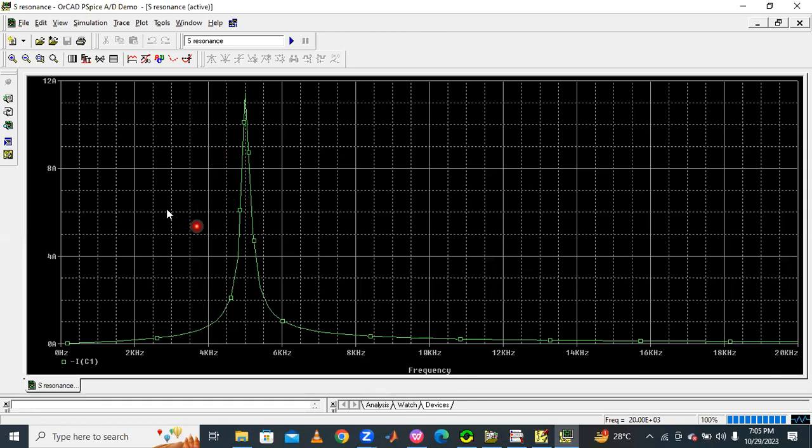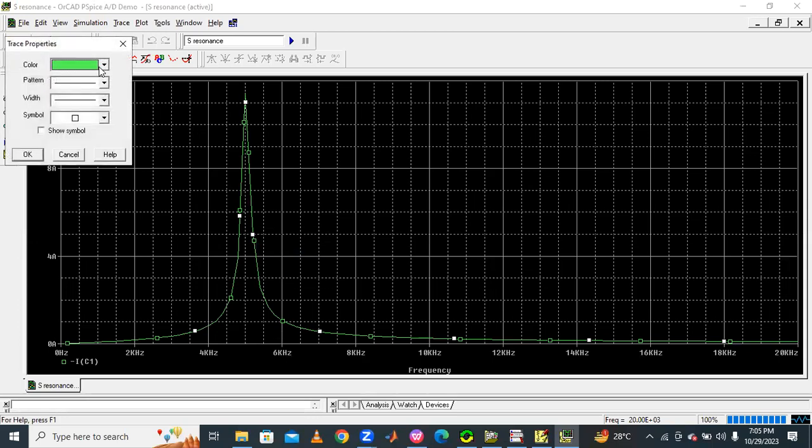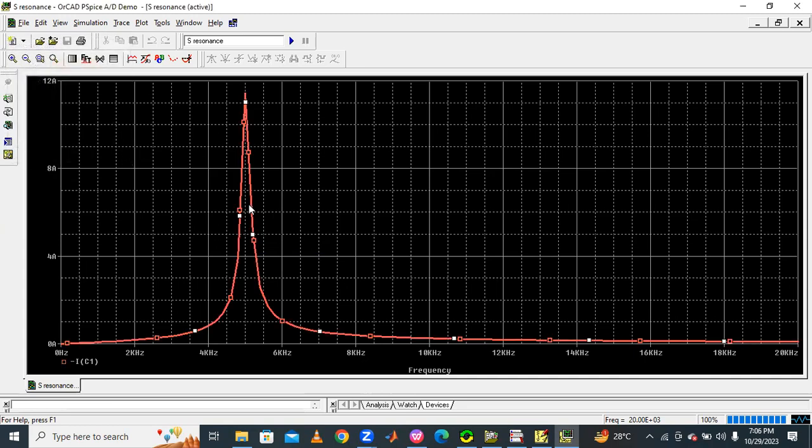The current waveform. Current versus frequency. Go to properties, change like this. So this is called current waveform. Okay.